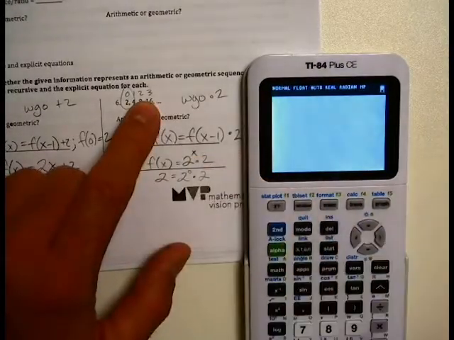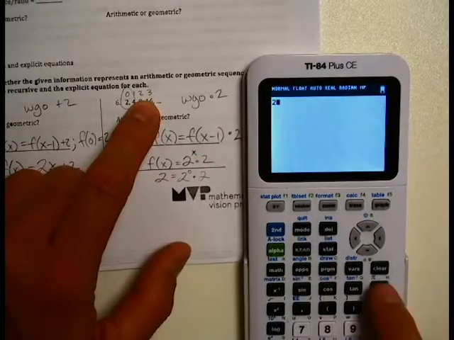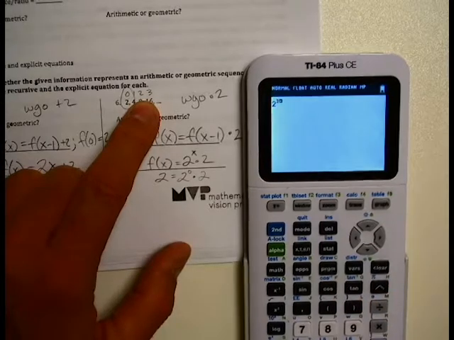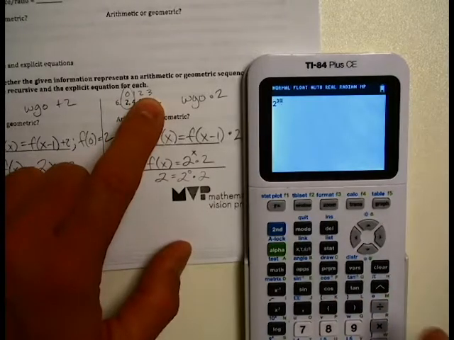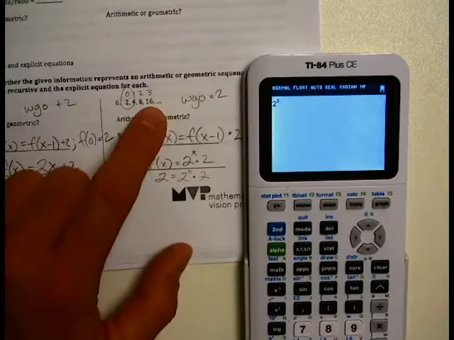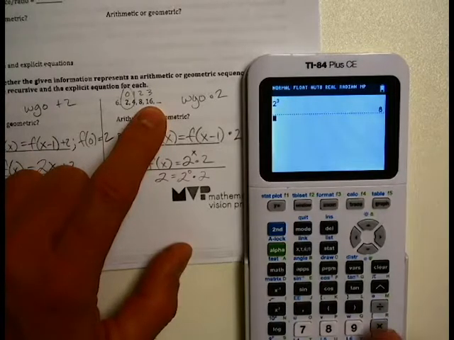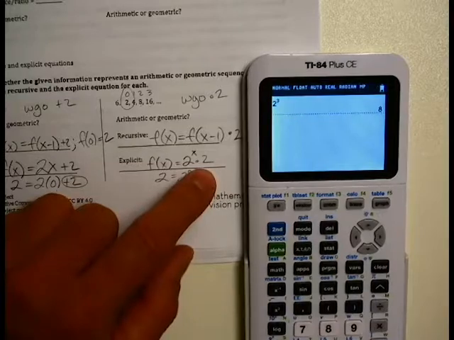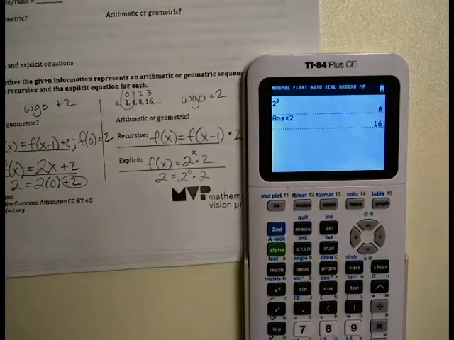But if I plug in that 0, I have to get 2, because when x is 0, the output is 2. But 2 to the 0 power is 1. Any number to the 0 power is 1. Don't forget it. So I've got to multiply that times 2 to make that true.